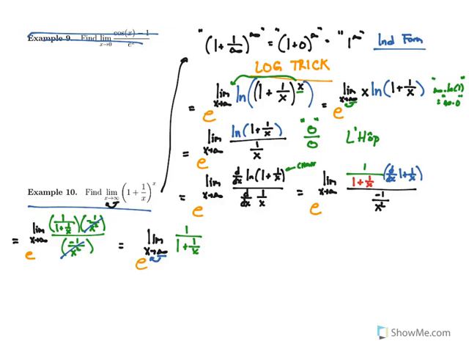Let's see if this actually works. You get 1 over 1 plus 1 over infinity. That is 1 over 1 plus 0. That is 1. This whole thing is equal to e to the first power, or e.